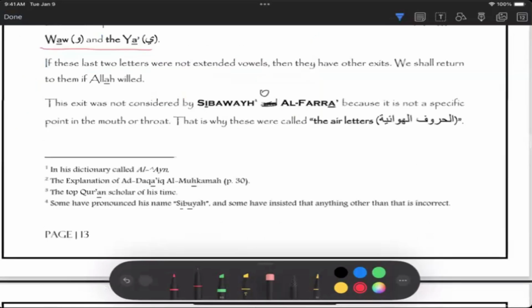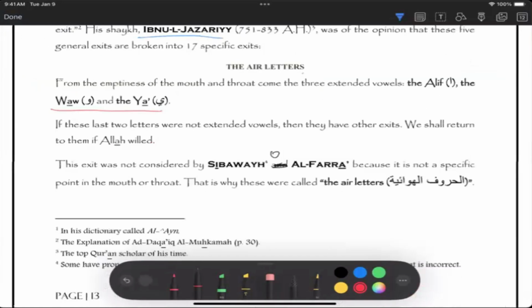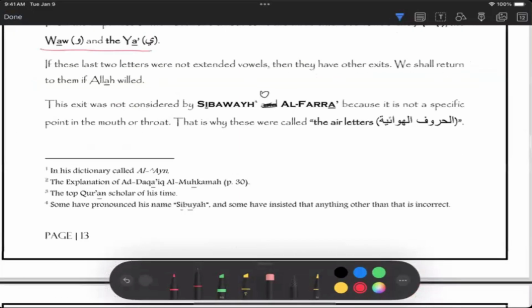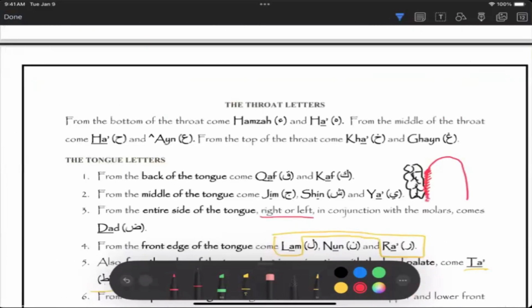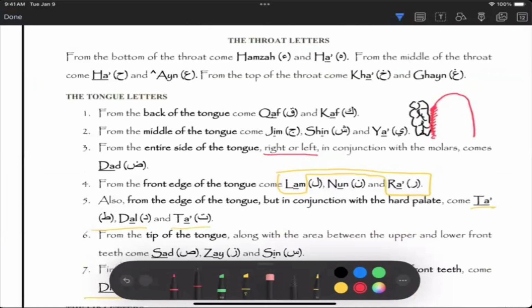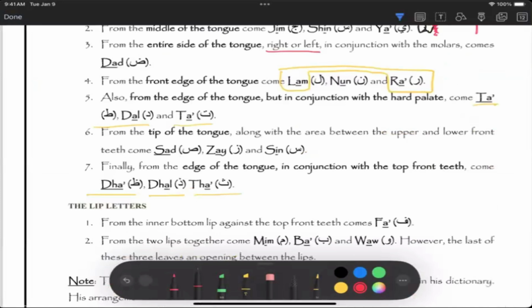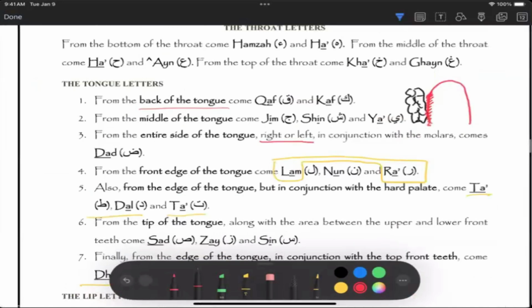Let's count them out. Air letters, that's 1. Throat letters has 3. Tongue letters, well, we numbered them 7: back of tongue, middle of the tongue, entire side of the tongue, front edge of the tongue.